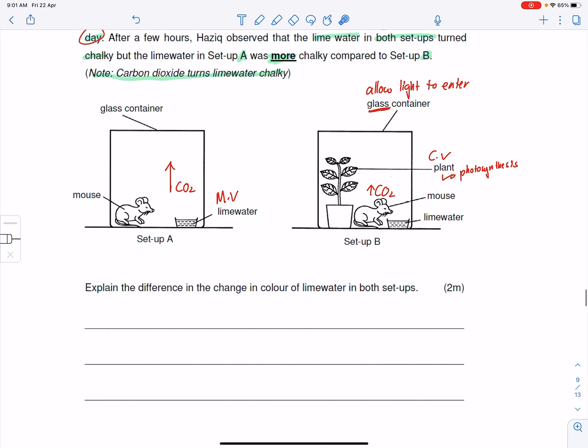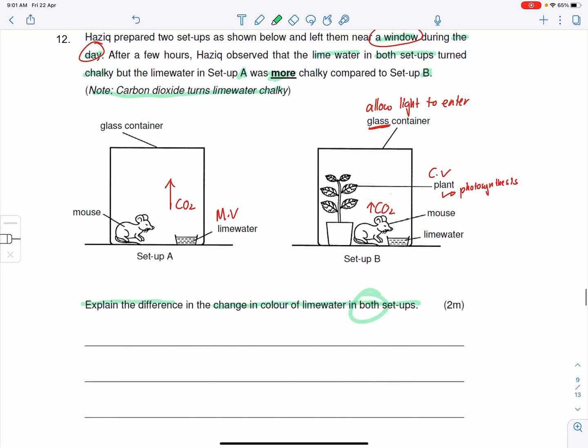Then they asked you, explain the difference in the color change of lime water in both setups. So the first thing we need to recognize is that in both setups, the lime water changed color. Right? They say change in color. So if both change color, I have to address the fact that they both change color.